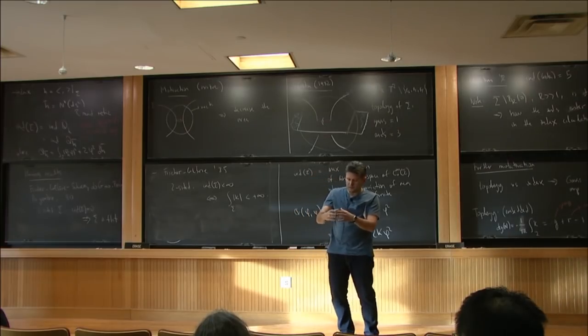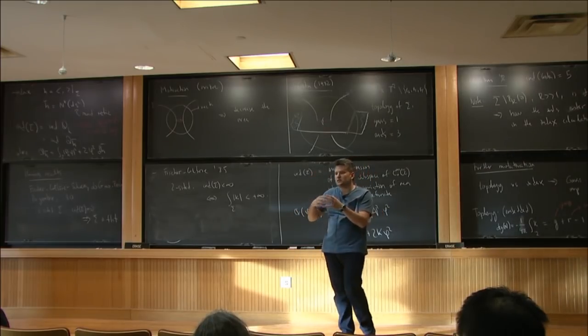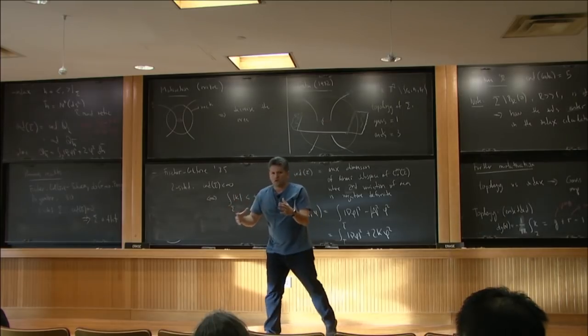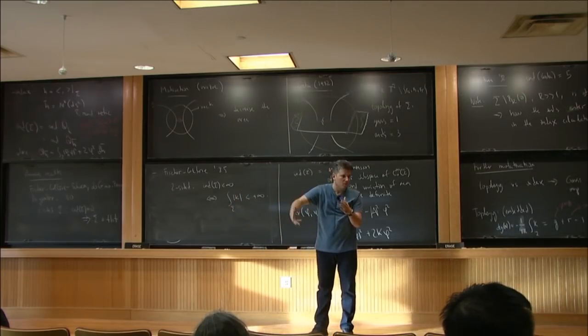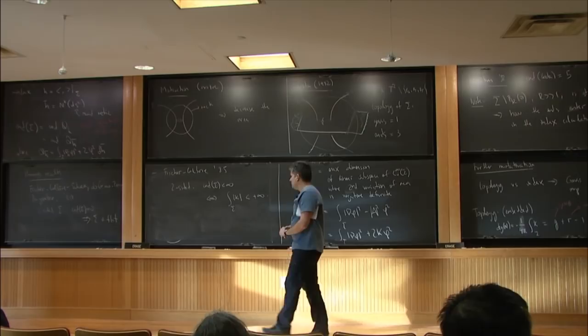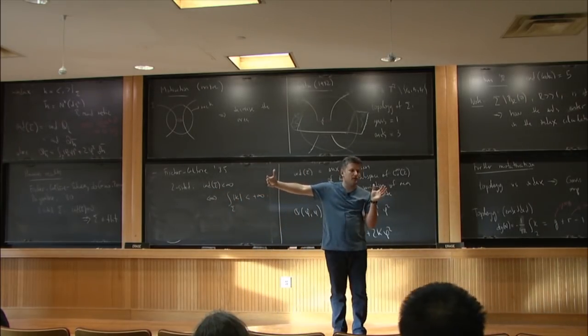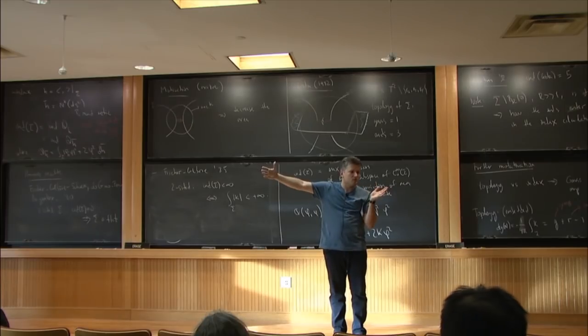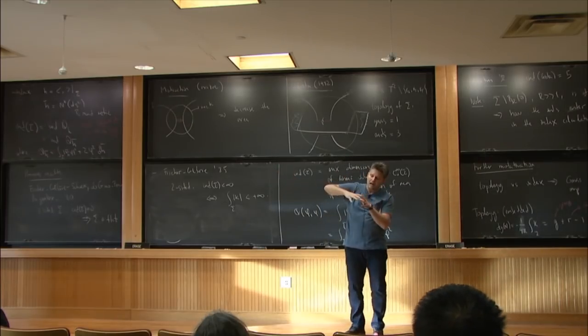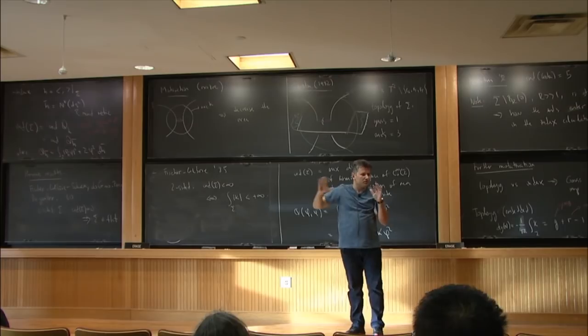Now, the second I start increasing that ball, the surface gets more complicated. It ceases to be a graph, so I pick up an index, then another one, and another one. But if I'm assuming that the index is finite, there has to be a radius where that stops. So the index doesn't increase after that. In particular, outside that region, the surface has to be stable.